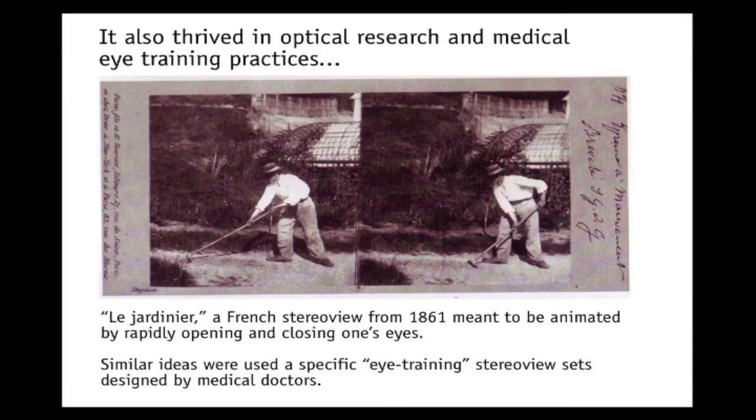But if you look at the figure in the front, you see that the figure is shown in two poses that are close to each other but not identical. So the idea is that with this kind of stereoscopic card, you would be twitching your eyes, alternately closing and opening your eyes and creating a very simple animation.